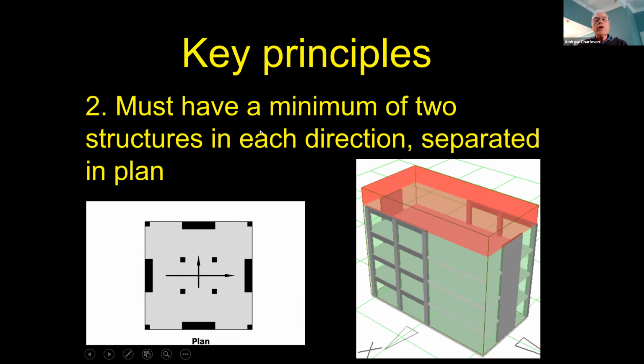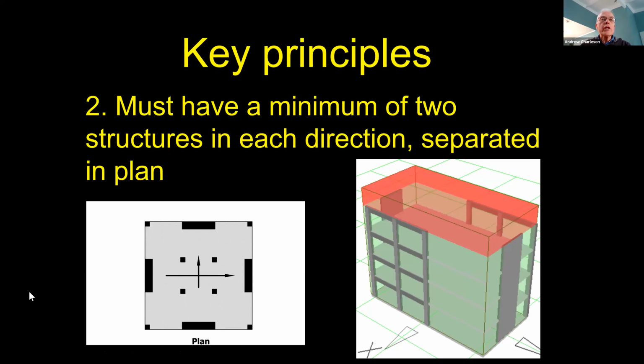Not only do we need a minimum of 2 structures in each direction, but they must be separated in plan. And so, like in the Y direction, there must be plenty of separation between these 2 shear walls, because that separation provides resistance against torsion, against the building twisting.